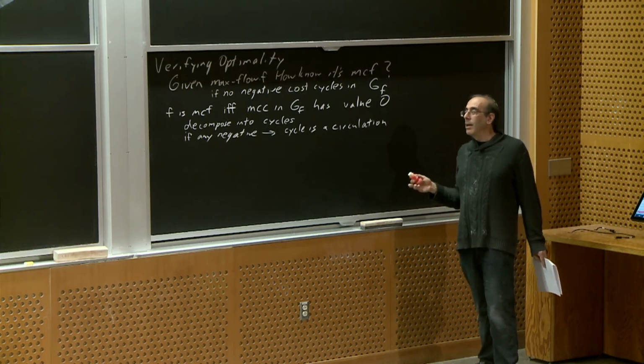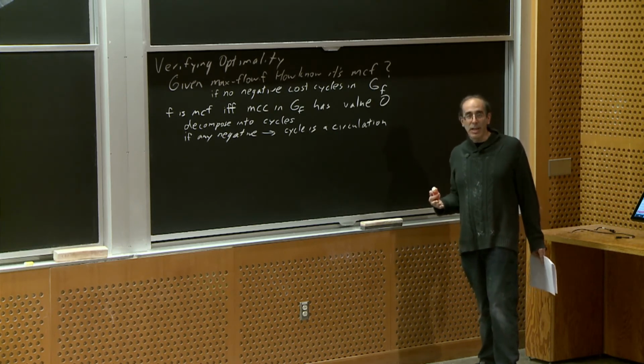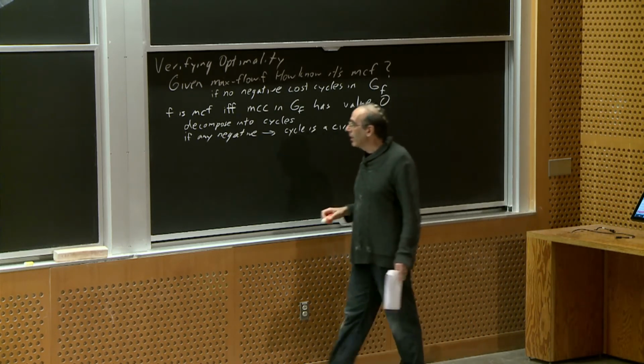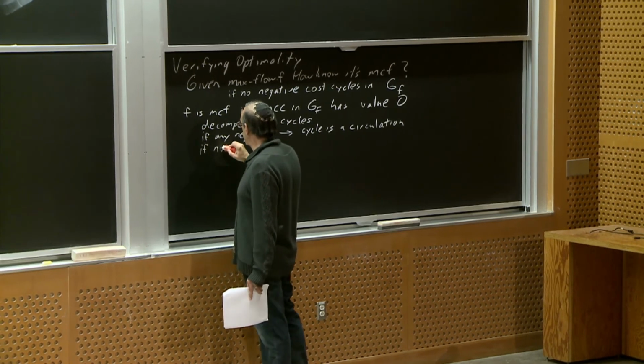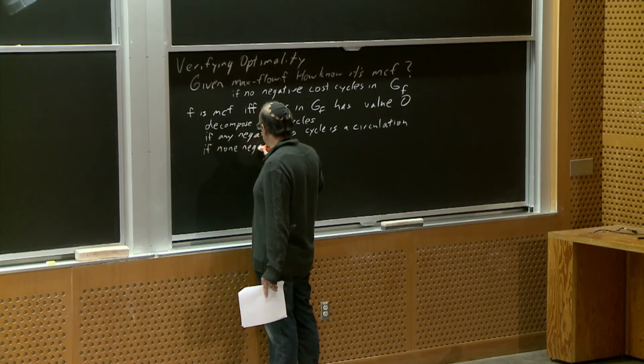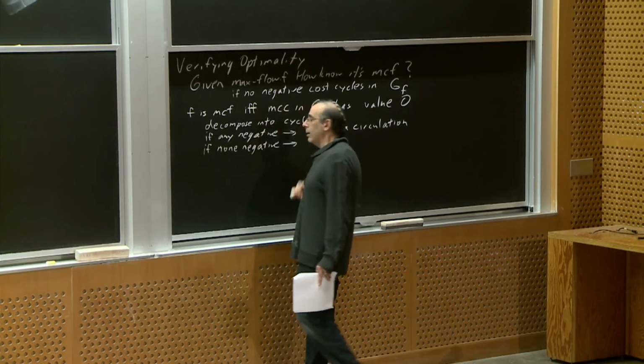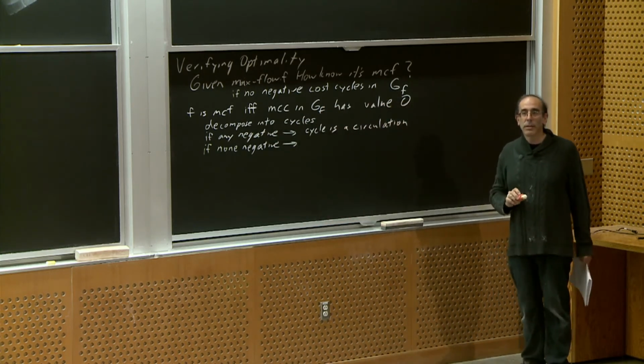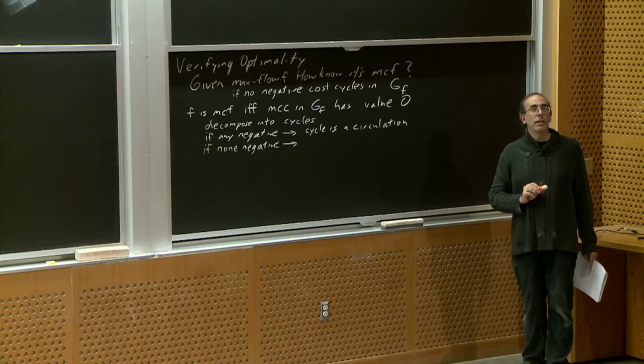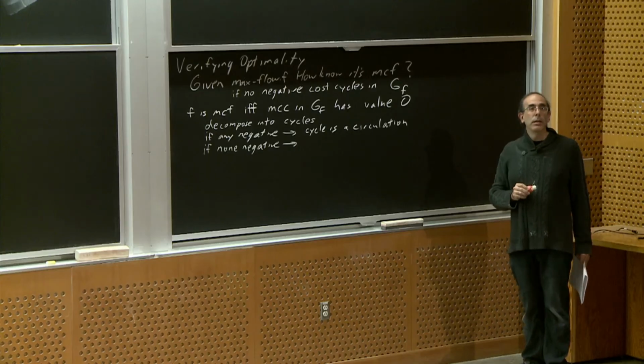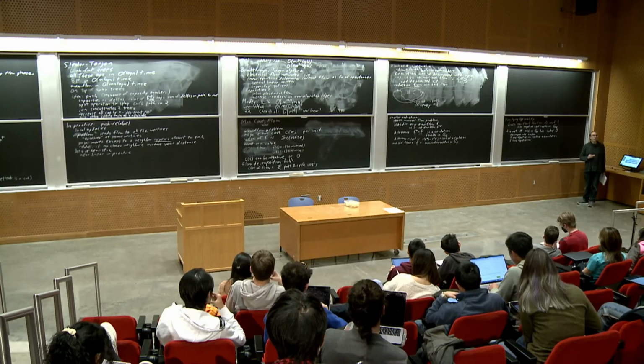Right? Now, what if there is no negative cost cycle? What does that imply? Yeah? 0. Why? Oh, we can, the minimum cost is not to do any cycling, so 0. Right.